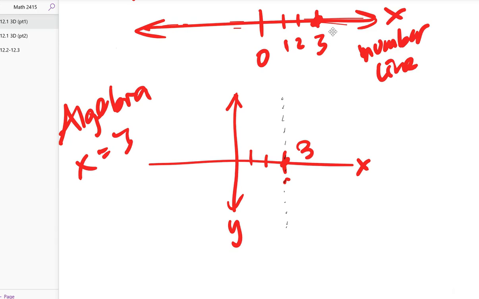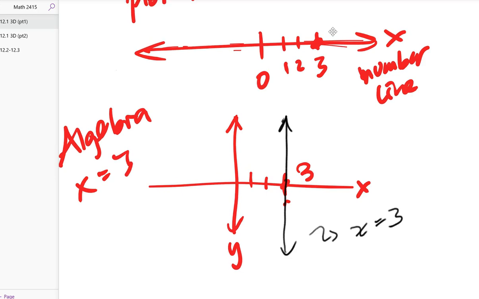So it's the line that contains only x values is 3. All the x values are 3. Boy, that's a terrible line, isn't it? Let me draw that again. So this is the line x equals 3, and it comes from that number line from before. You just create a bunch of dots in the y direction and you get x equals 3.